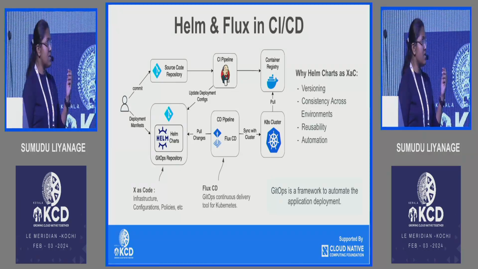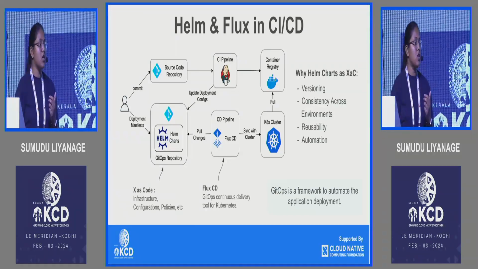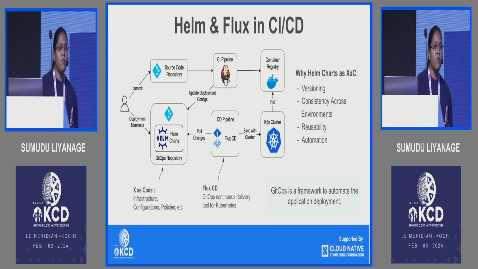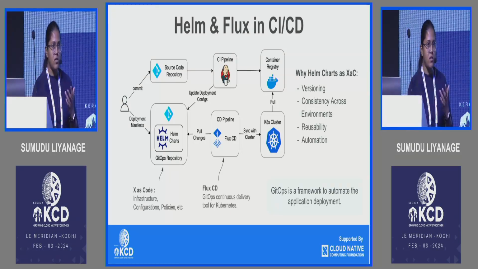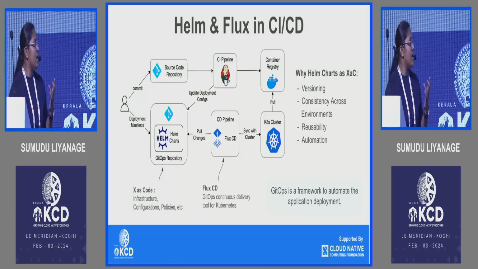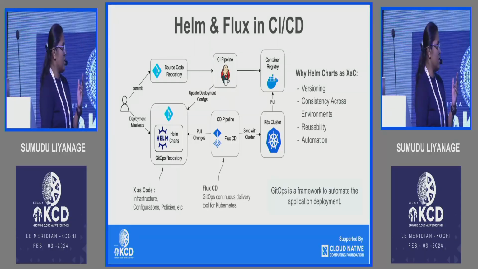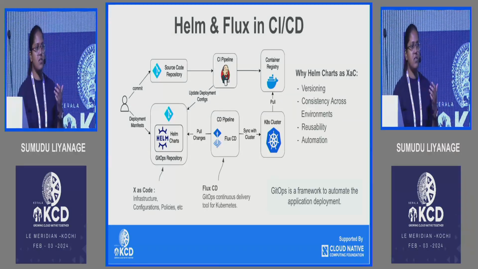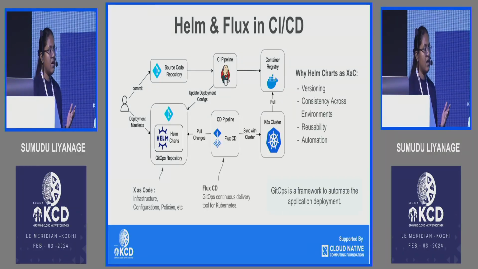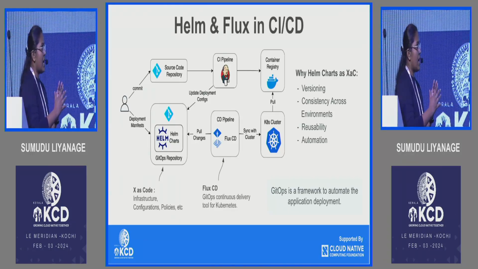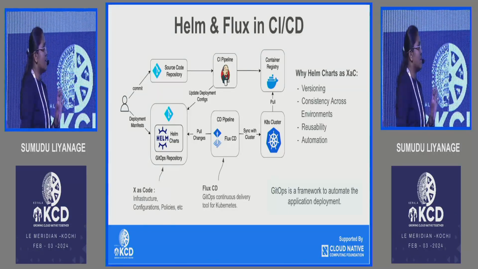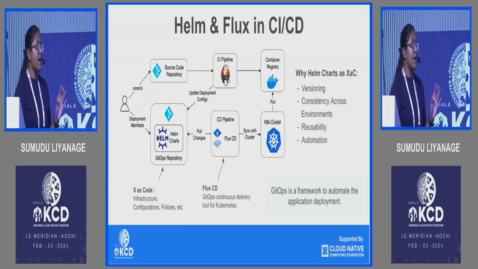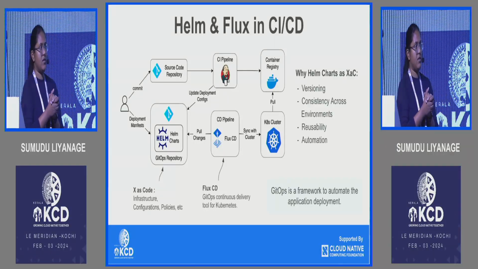In continuous delivery, we use GitOps principles. GitOps is nothing but a framework to automate the deployment of applications. One of the principles in GitOps is X as code, where X refers to infrastructure, network, policies, and so on. We can use Helm charts to define these infrastructure configurations and store them inside a GitOps repository.